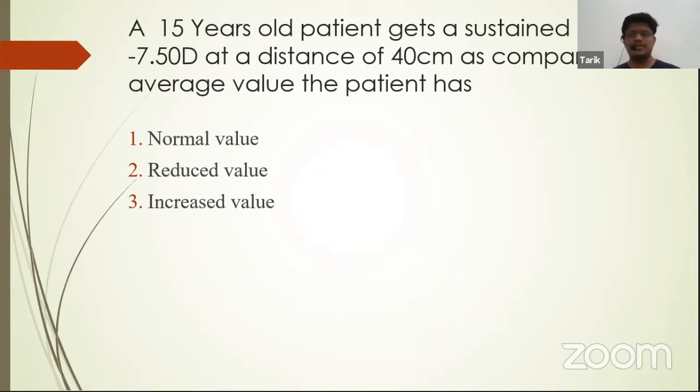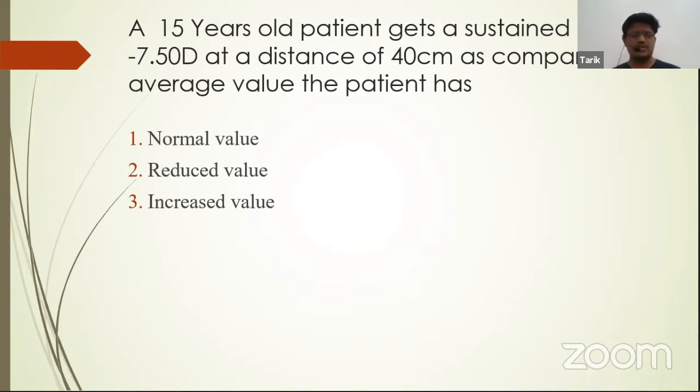For example, if you are asking what should be the normal NPA for a patient of 18 years of age, I would say the amplitude of accommodation comes to somewhere around 13. When you divide 100 by 13, your value should lie somewhere around 6 to 8 centimeters. That is how we understand it.